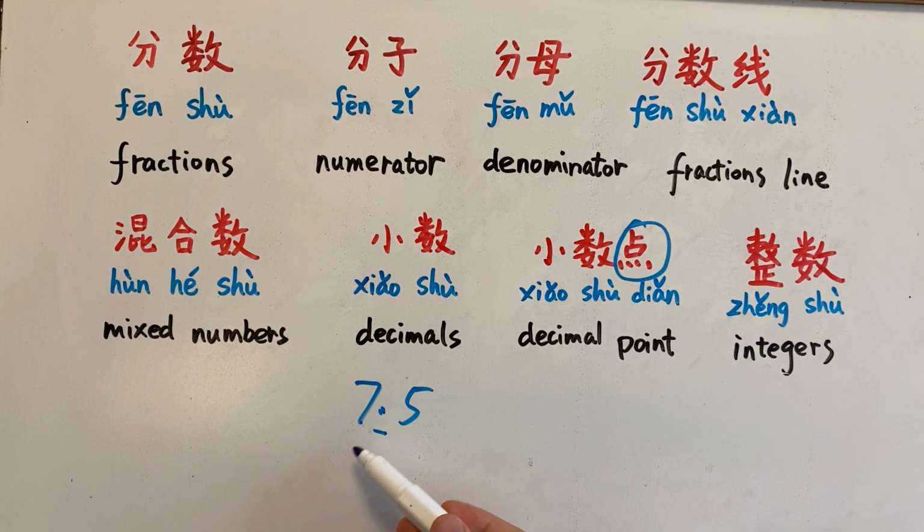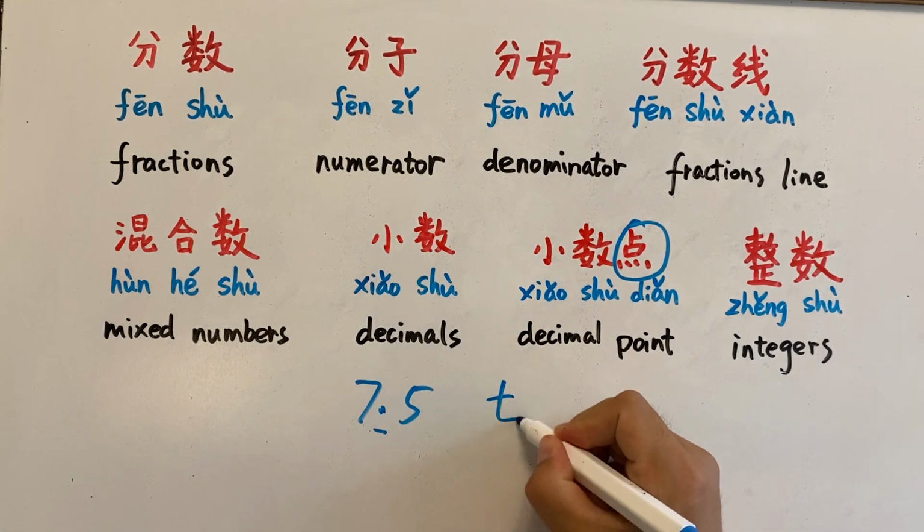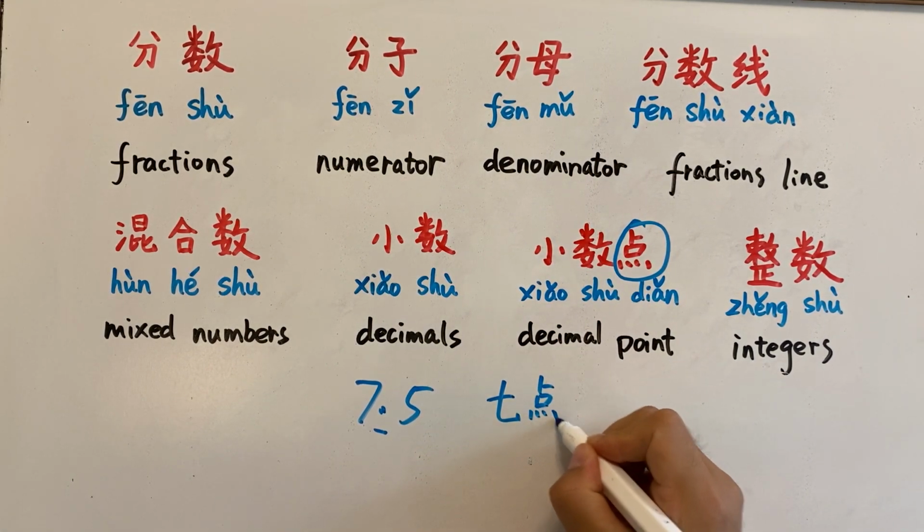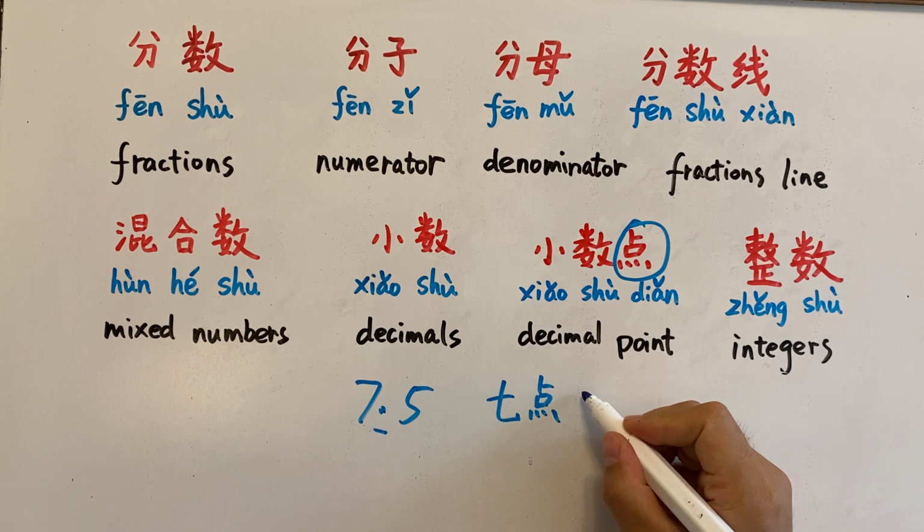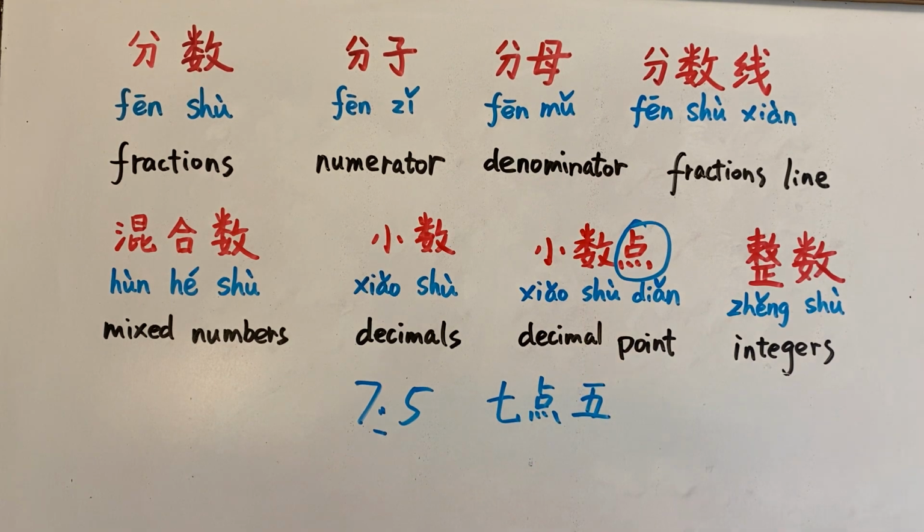So this one in Chinese is 七点五, read from left to right. This order is the same as in English. 7 is the Chinese character of 7. 7.5, very easy.